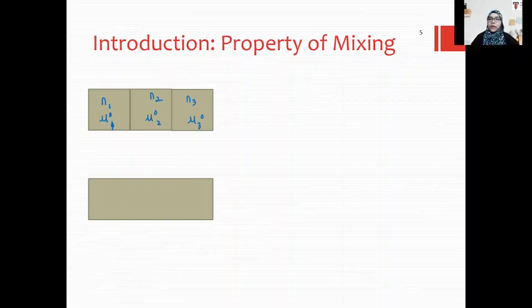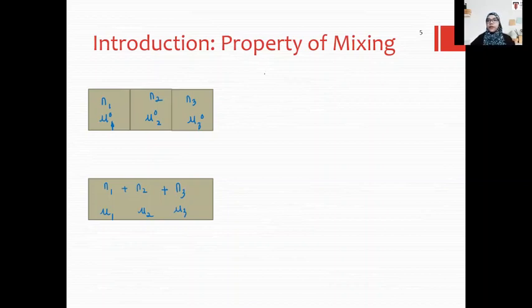Then we have the mixing of the components, so it turns to N1 plus N2 plus N3, and it has another chemical potential. I denote them as mu1, mu2, and mu3.